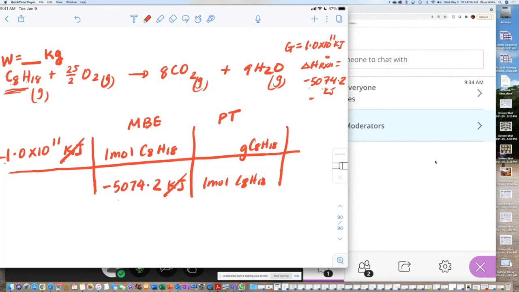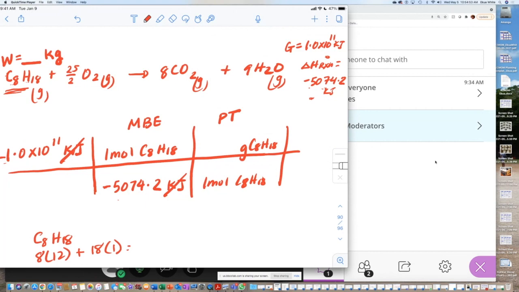Okay, C8, 8 carbons, 8 times 12 plus H is what? 18 times 1. I can work this right here. I don't have to do it on the side. Y'all know. Okay, we're dealing with C8H18. So we had 8 carbons plus 18 hydrogens.